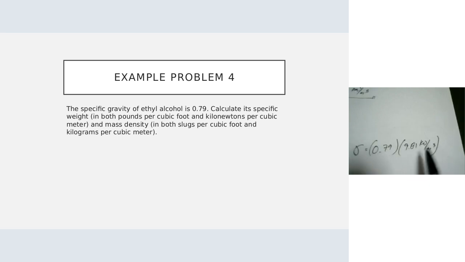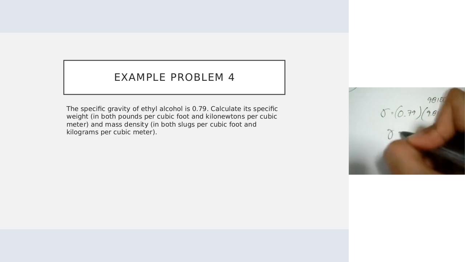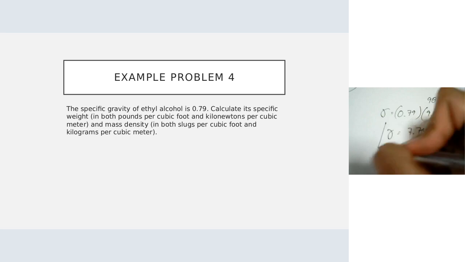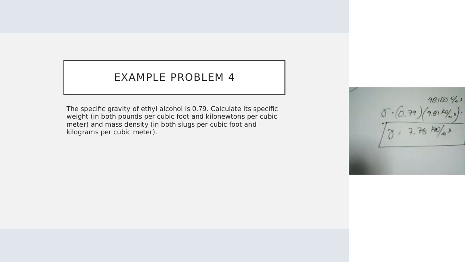For the unit weight of water in Newton per meter cube, it's equal to what? 9,800 Newton per meter cube. Okay. Now, what is the unit weight of ethyl alcohol? So we have 7.75 kilonewton per meter cube.